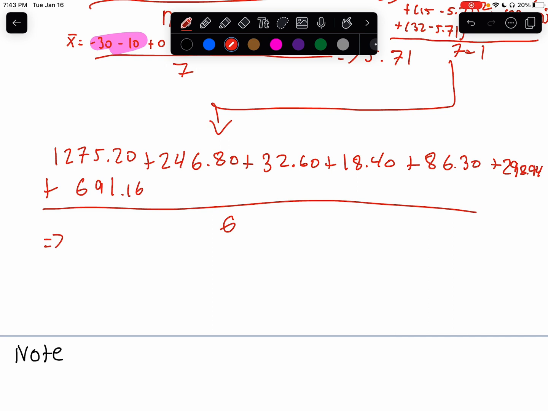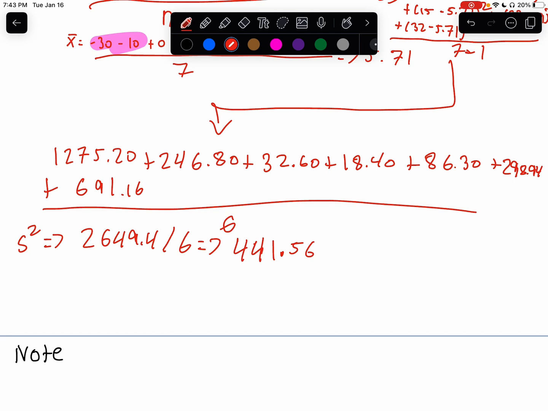So our answer for our s squared is 1275.2 plus 246.8 plus 32.6 plus 18.4 plus 86.3 plus 298.94 plus 691.16, all that divided by 6, which is 2,649.4 divided by 6, equals a sample variance of 441.56.